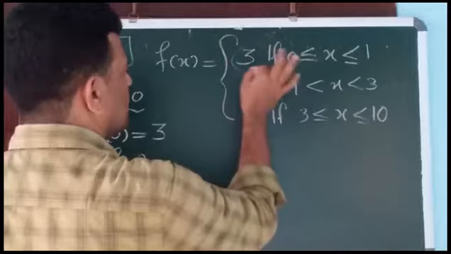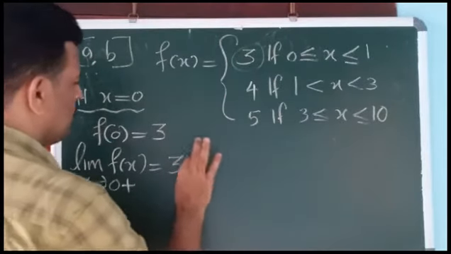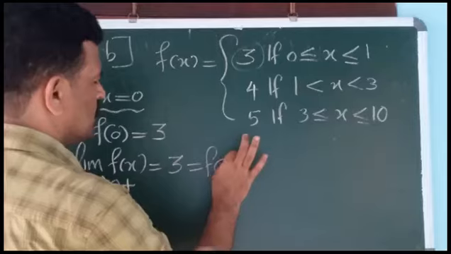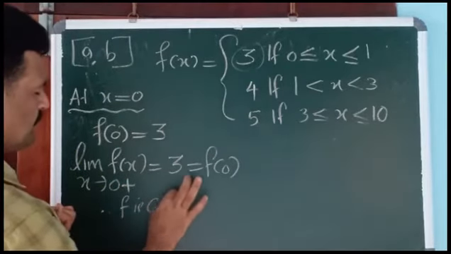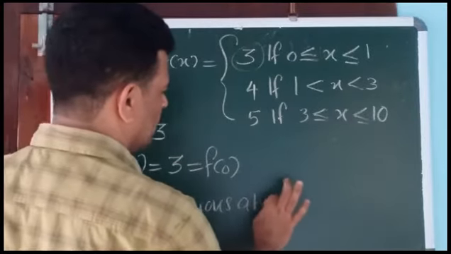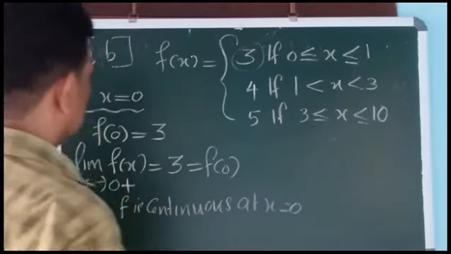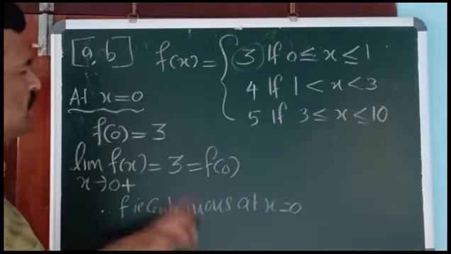Therefore, we have to take this function here, that is 3. Therefore, the right limit is equal to f of 0. Therefore, f is continuous at x equal to 0. Therefore, we proved f of x is continuous at x equal to 0.